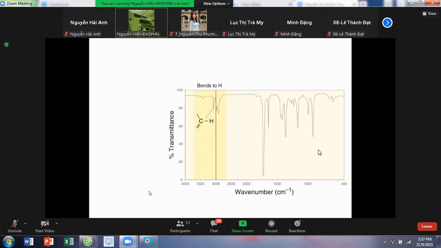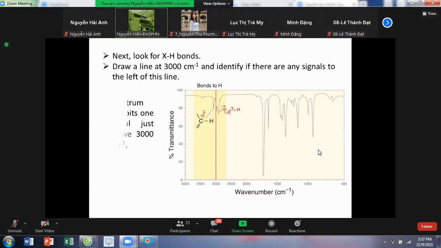Okay, just above and just below 3000, you see signals for C sp2-H and here you have C sp3-H. So now you draw a line at 3000 and look for signals on the left and on the right of the line.